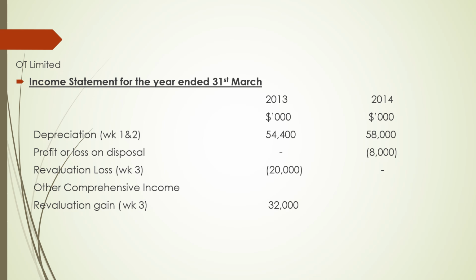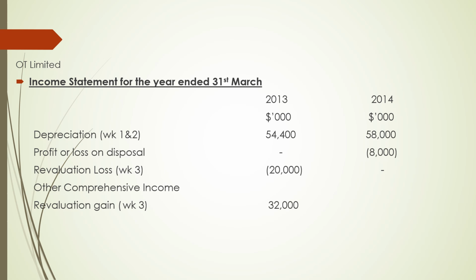The total depreciation for item A and item B as at 2013 that we calculated, you can refer to working one actually, gave us a total of 54,400 for 2013, and in 2014 this gave us a total of $58,000 for depreciation.